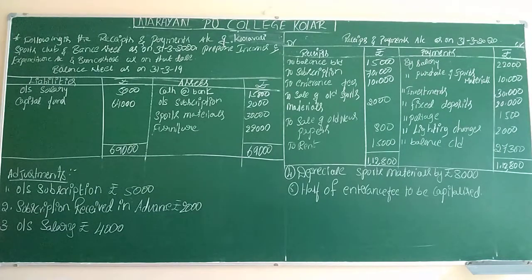Now it's time to classify the transactions: where the liabilities will come, where the assets go, what to write in receipts and what in payments. Assets and liabilities are there in the receipts and payments, and we have to balance everything. This classification must be done first, and only after classification can we proceed.